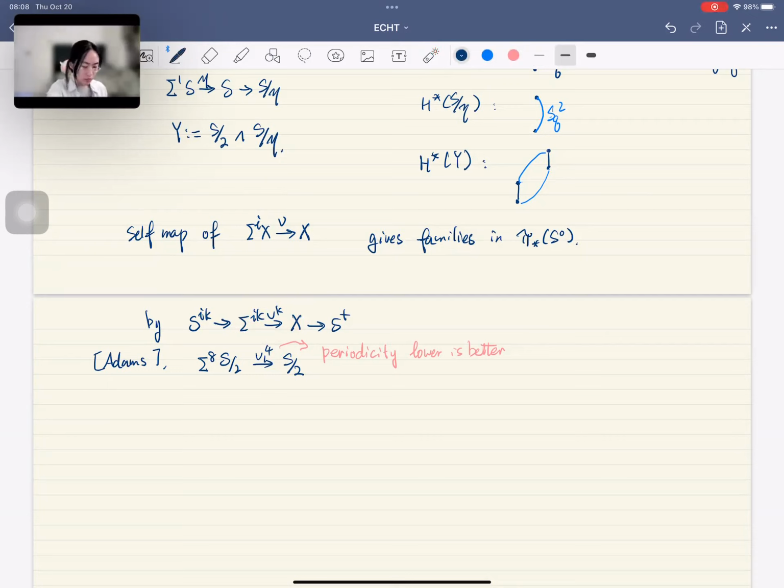Davis and Mahowald found a v1 self-map on the spectrum Y of periodicity 1, and how they did it is they first constructed a spectrum A1.